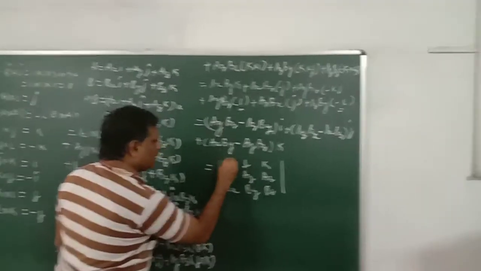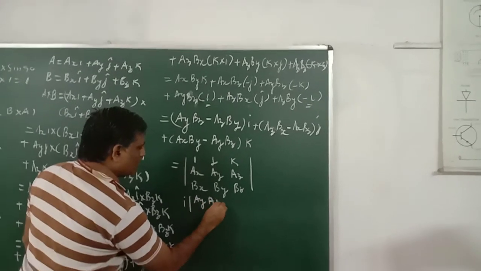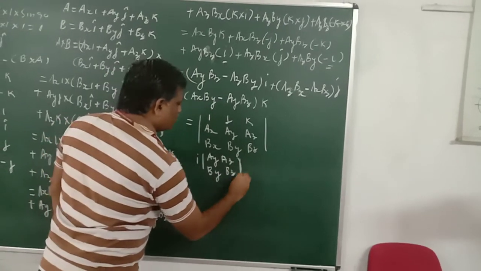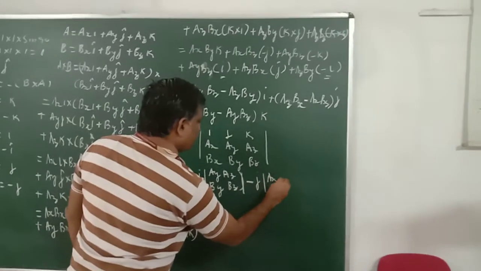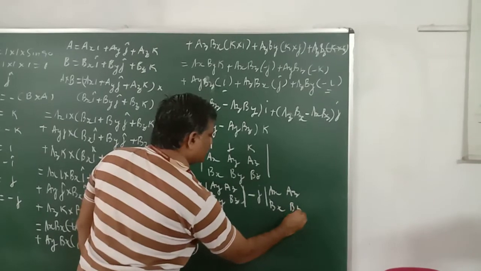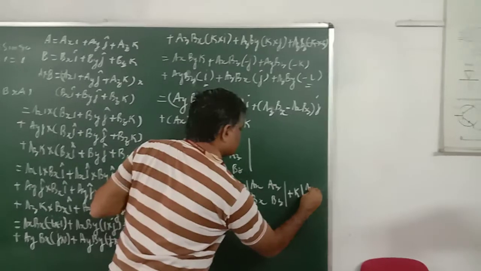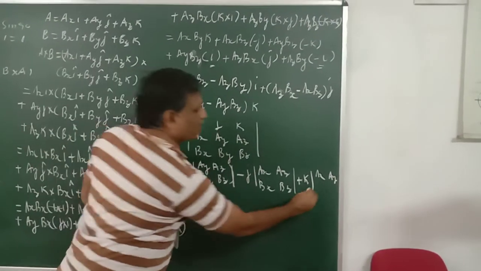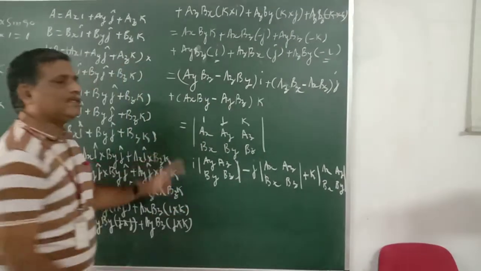We solve this determinant like this: i times the determinant of AY, AZ, BY, BZ, minus j times the determinant of AX, AZ, BX, BZ, plus k times the determinant of AX, AY, BX, BY. See that when we are taking this, the sign is taken as minus.